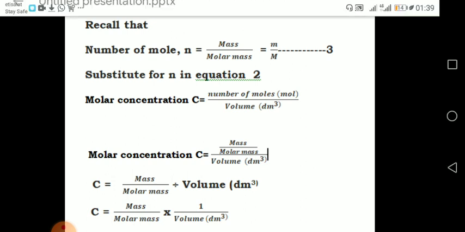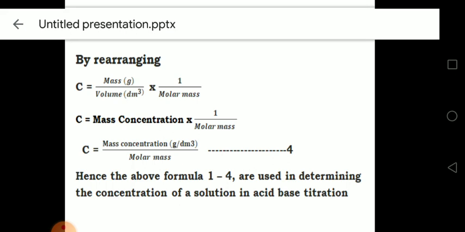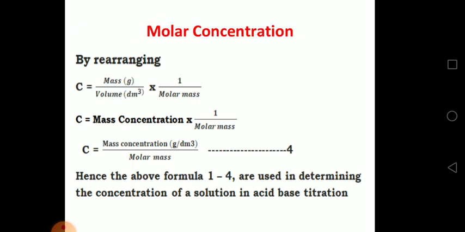So by rearranging, see what I'm going to get. By rearranging, my concentration gives me mass over volume times 1 all over molar mass. So with this, I know that mass over volume gives me mass concentration. So I can represent mass over volume as mass concentration times 1 over molar mass.